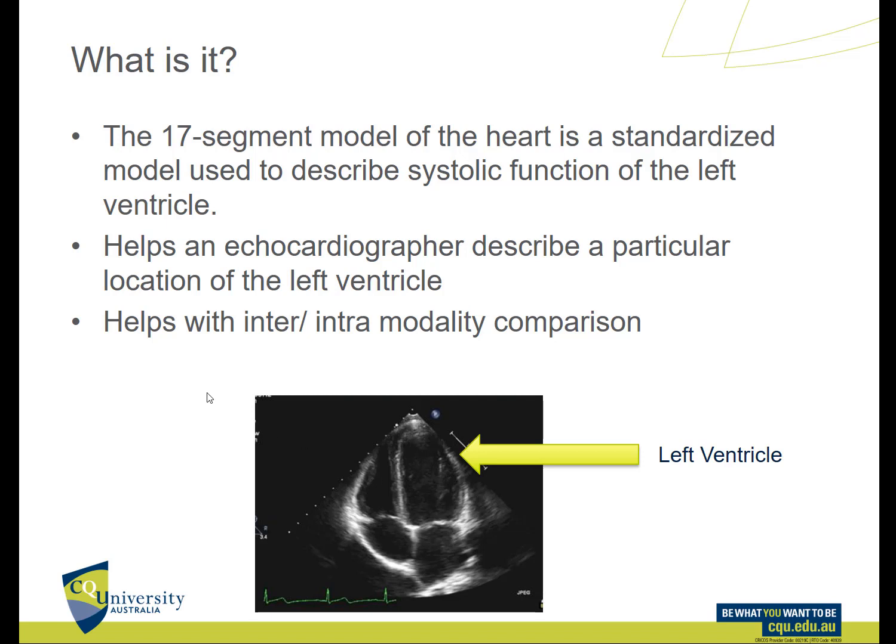Another reason why we use this model is that it helps with inter and intra-modality comparison. What I mean by that is, let's say I'm scanning my patient and I notice that he has something happening in this segment of his left ventricle. Say he went to another clinic and was scanned again, and now they've realized something's happening here, and something is also happening along the apex as well.